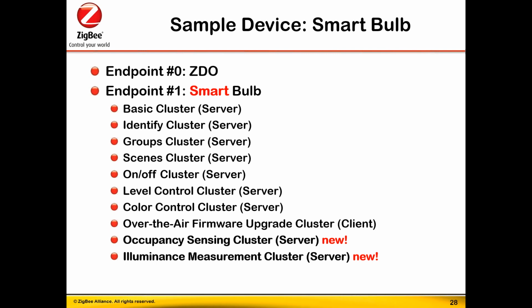And the most important ones obviously would be the on-off, level control, and scenes clusters, and these allow you to create groups of devices and then have preset values for certain attributes combined in the scene.